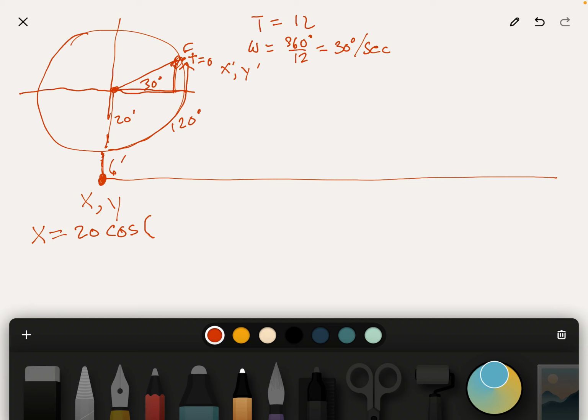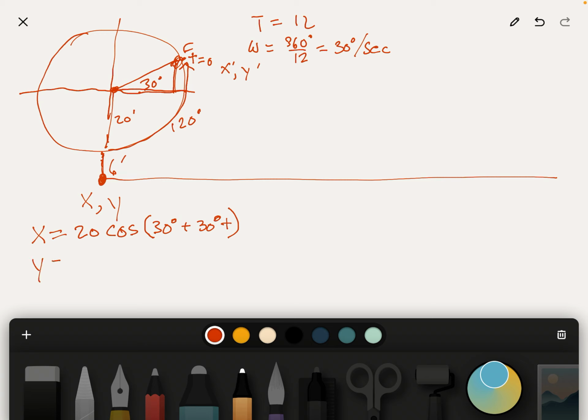Our starting value for theta is 30 degrees at time 0, so it's 30 degrees plus 30 degrees times t. That's going to be the angle after t seconds. So that's her x coordinate.